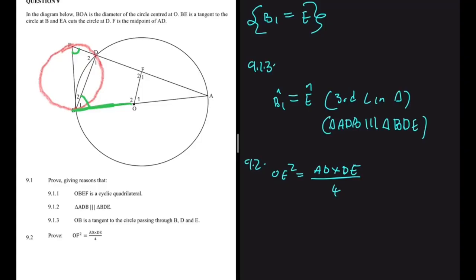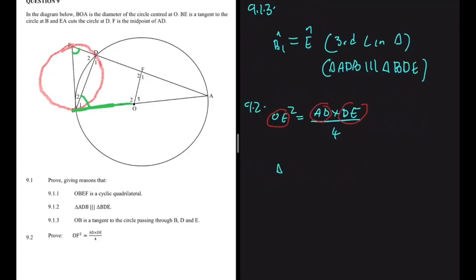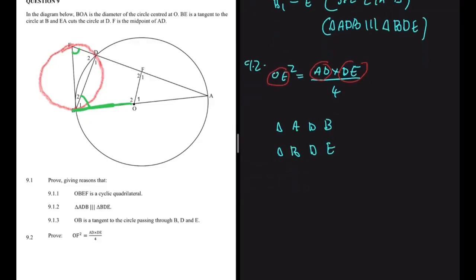So let's look at the sides we're interested in here. We're interested in AD, DE, and OF, right? We have triangle ADB, and here we have triangle BDE, right? And which sides are we looking for? We're looking for AD and DE.